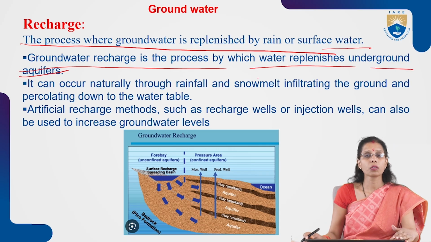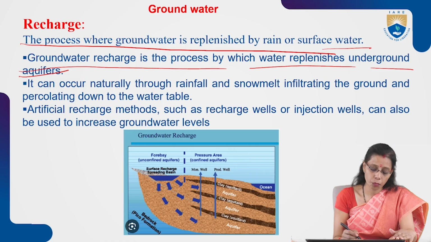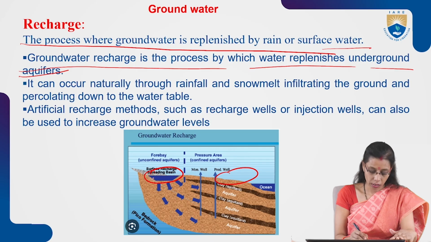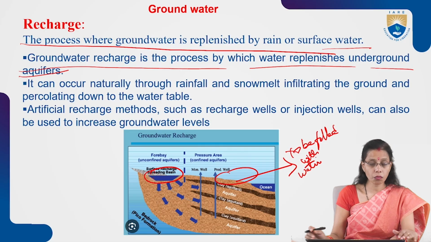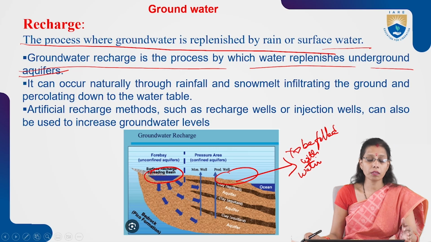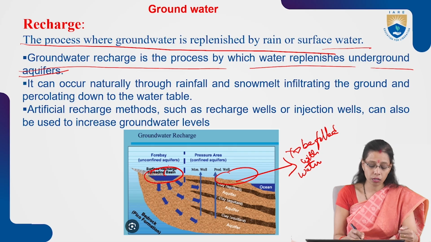Okay, so slowly what happens, suppose this is the area and this is the area. So we need this area to be filled with water. In that case, what happens? We try to use this source and send this water to this source.